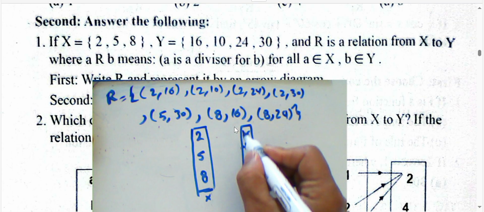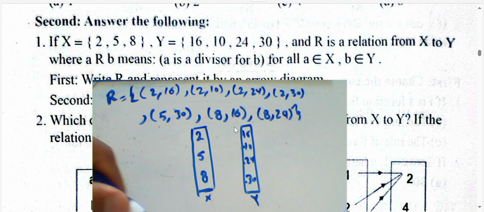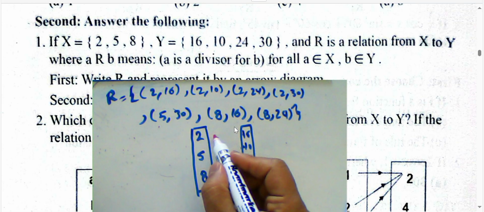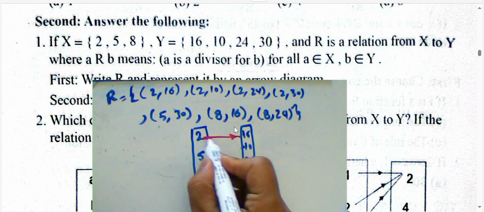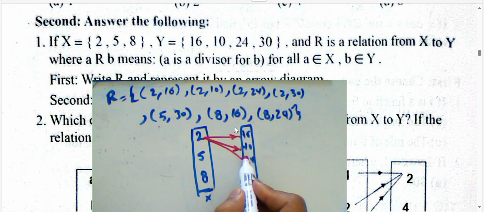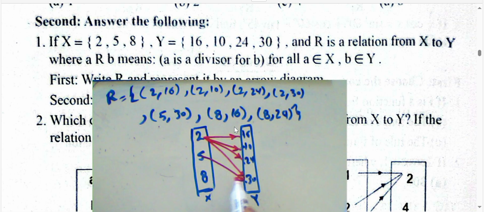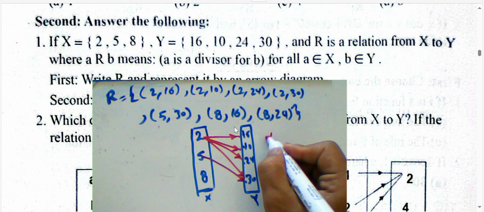24, 30, and then we join each point, like 2, the image with 16, 2 and 10, 2 and 24, 2 and 30, and also 5 with 30. Okay, not a function.